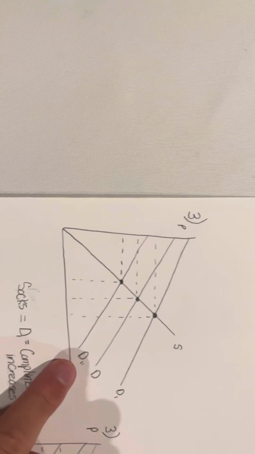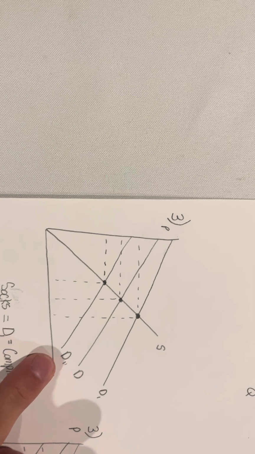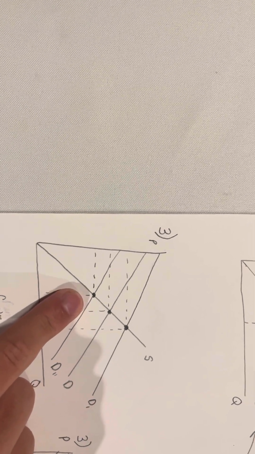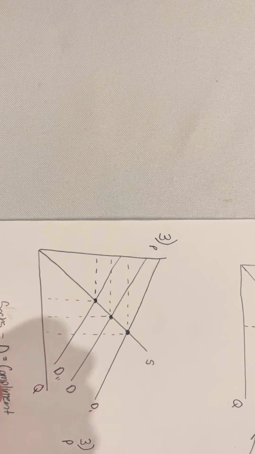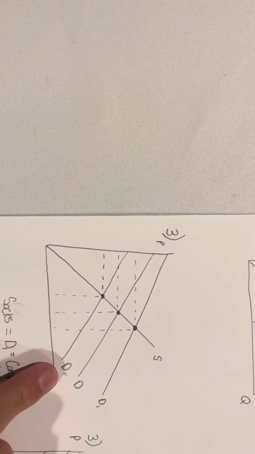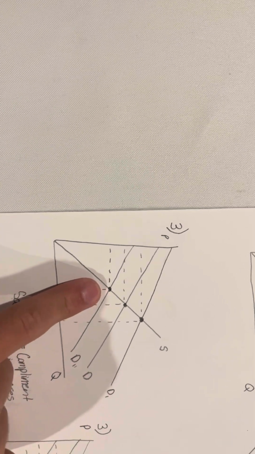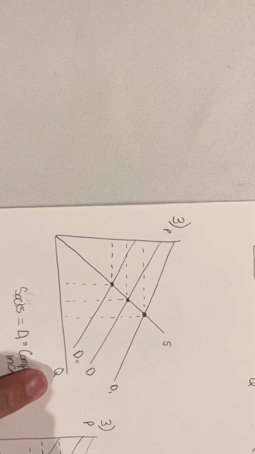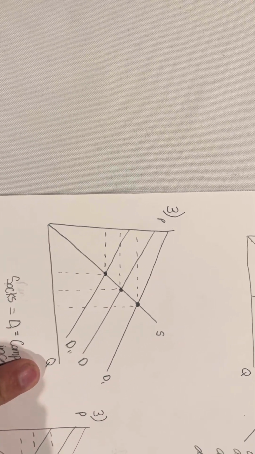Now, if we look at D prime as a decrease in demand, again we have a new equilibrium point. And if we look at the graph, D prime has lower price and lower quantity. So fewer people want this item.